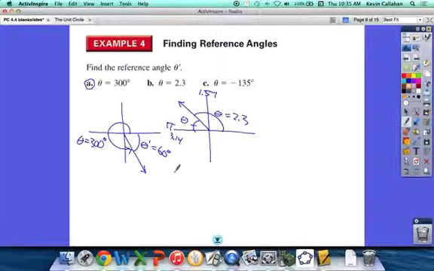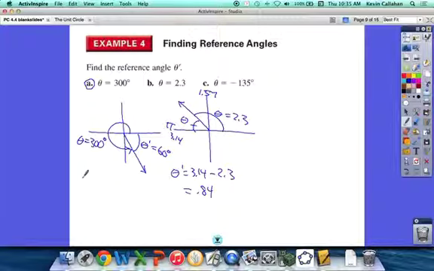So theta prime will be 3.14, and I am just rounding off, 3.14 minus 2.3, which is what? 0.84. That's right. So it's a subtract.